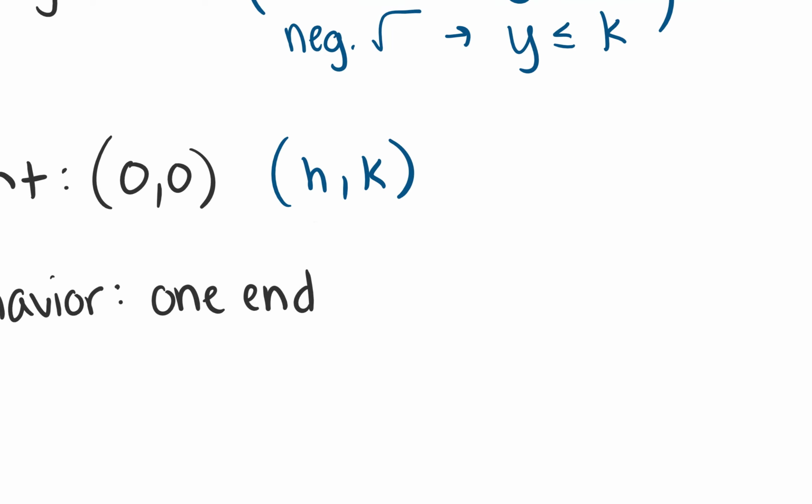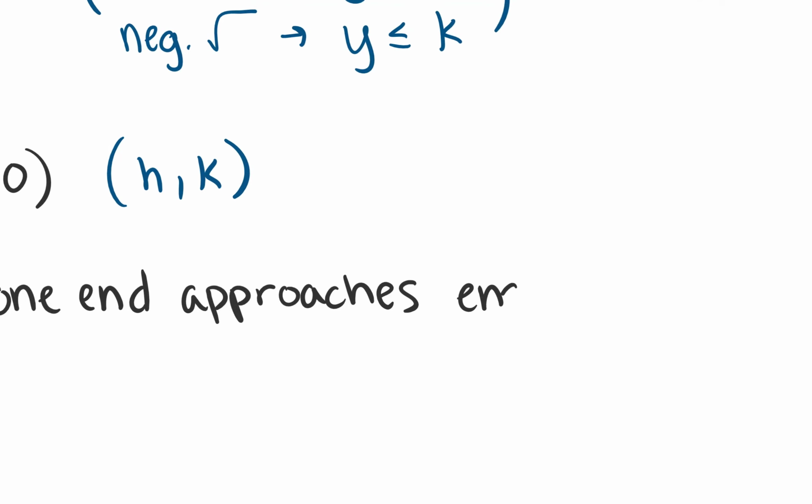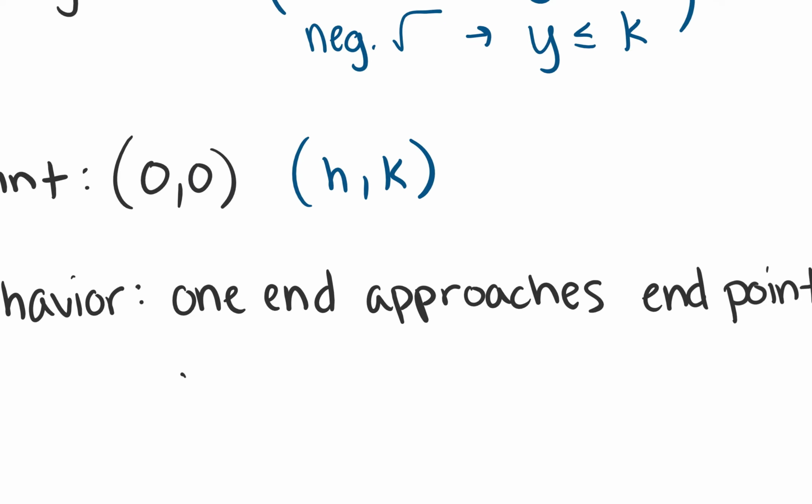One end approaches the endpoint, so you're going to use h, k. And if you want to write h, k, that's fine. One end approaches the endpoint, and one end approaches either positive or negative infinity. It just depends on where it goes.